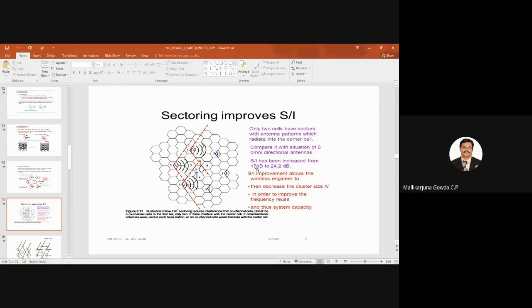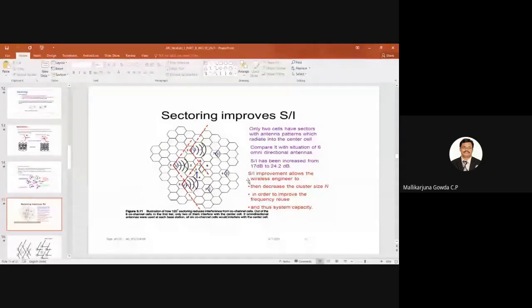If I use the omnidirectional antenna, the signal to interference ratio will be 17 dB. With 120-degree sectoring, I can improve it to 24.2 dB. How many dBs is it improved? Almost 7 dB, right? A 7 dB improvement makes a lot of difference in the system capacity.